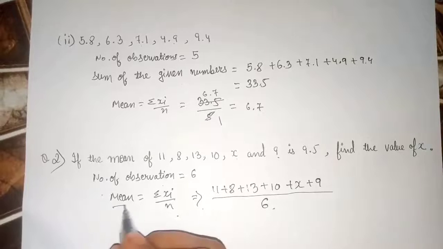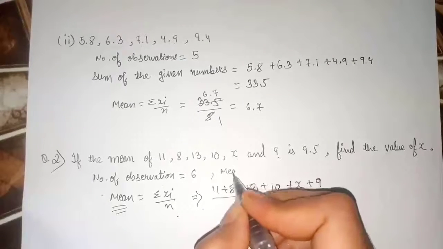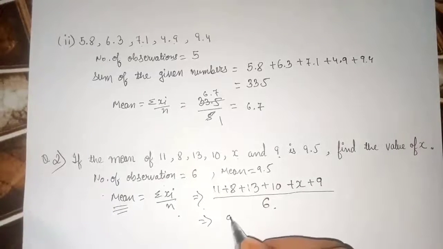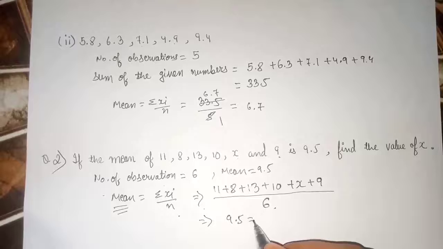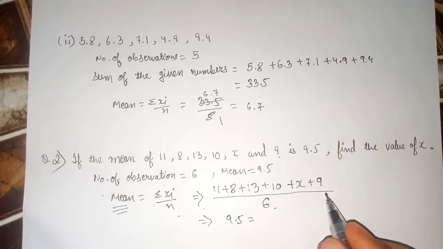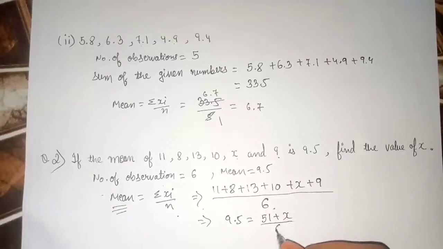But we have been given the mean, so mean equals 9.5. So we will write here 9.5 equals 11 plus 8 plus 13 plus 10 plus 9. The answer will be 51. So 51 plus x by 6.